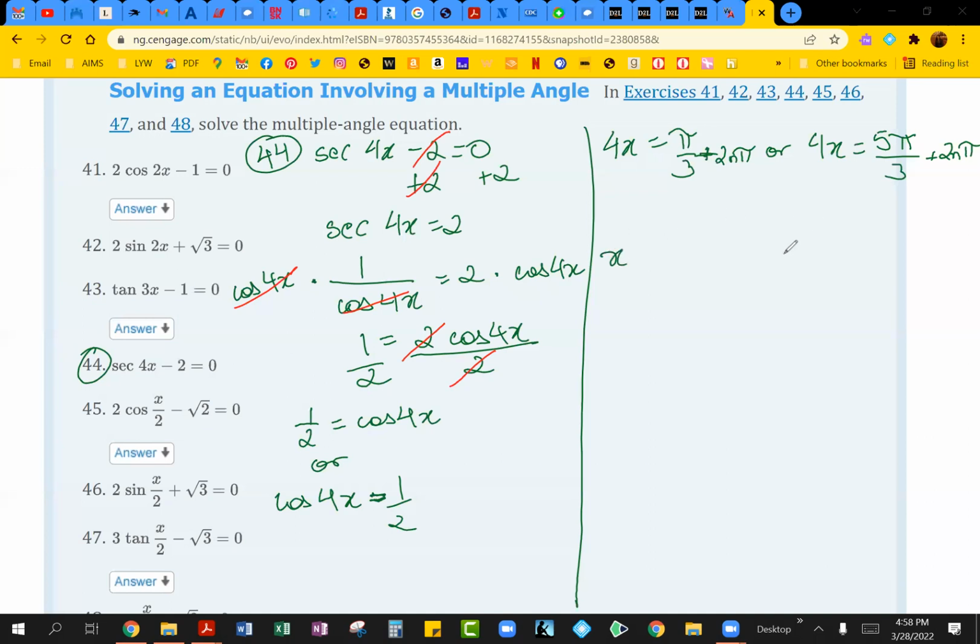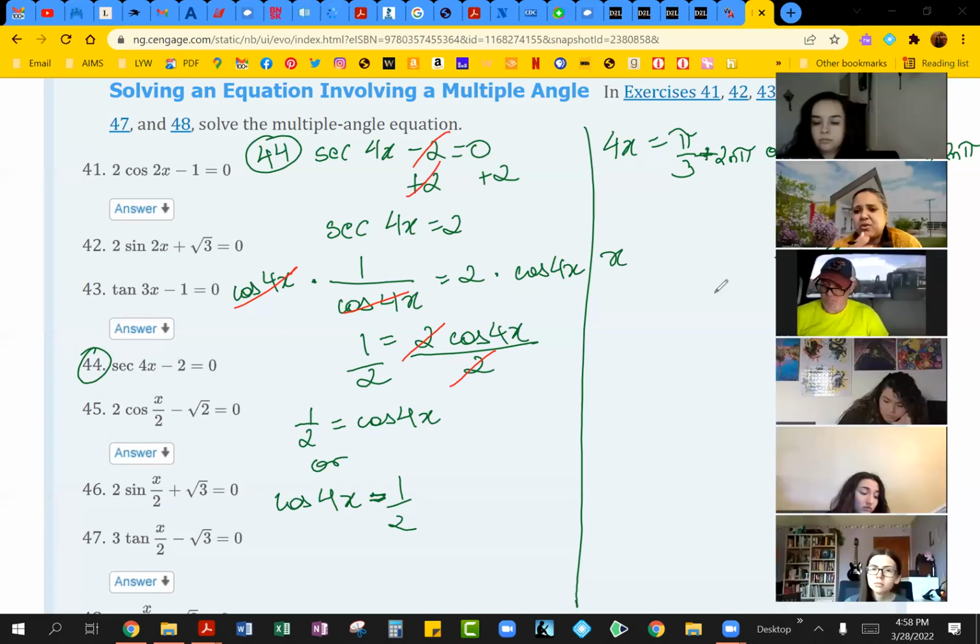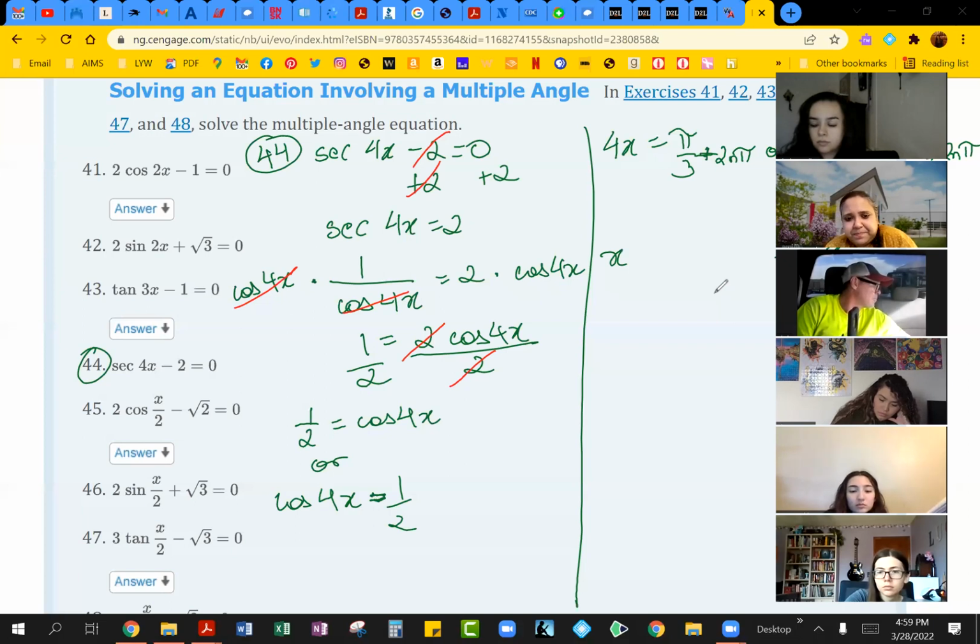Okay, go ahead and solve for x. And what are the x values going to come out to be when you get rid of that 4 on the left-hand side? So get x by itself, get rid of the 4, and what will your final answer end up looking like? So have your answer ready. Don't send it just yet. I want to give everybody a chance to simplify that x value, and then we'll see what you guys come up with.